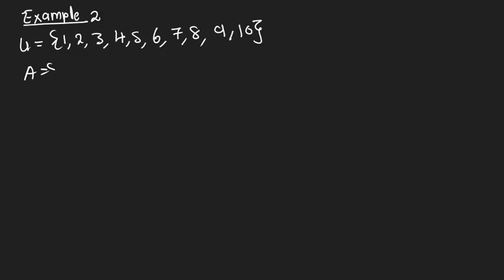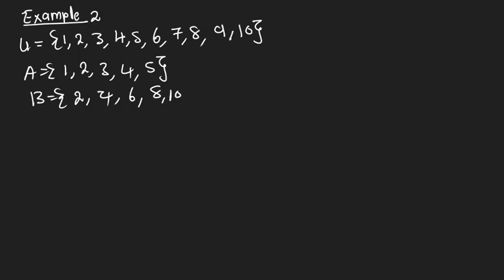And you've got a set A of 1, 2, 3, 4, 5. Then your B is a set of 2, 4, 6, 8, and a 10. And your set C is a set of 1, 3, 5, 7, and a 9.